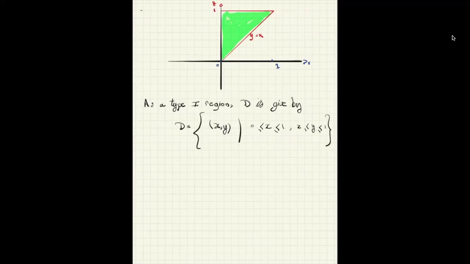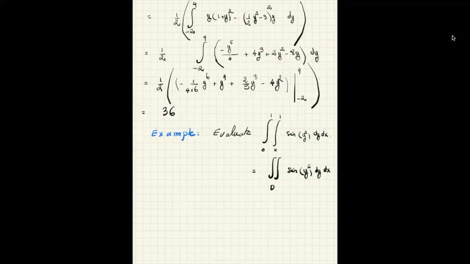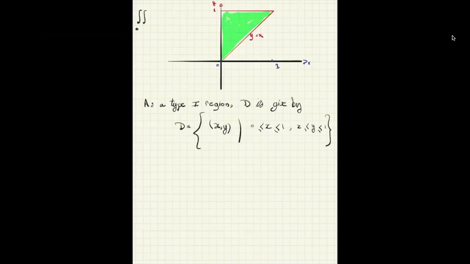We are trying to compute this integral here from 0 to 1, x to 1, sine of y squared. Okay, you are right.